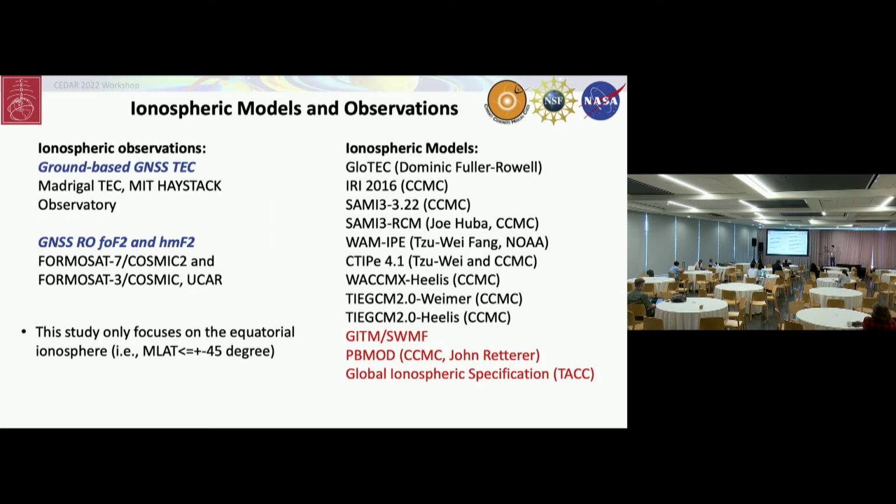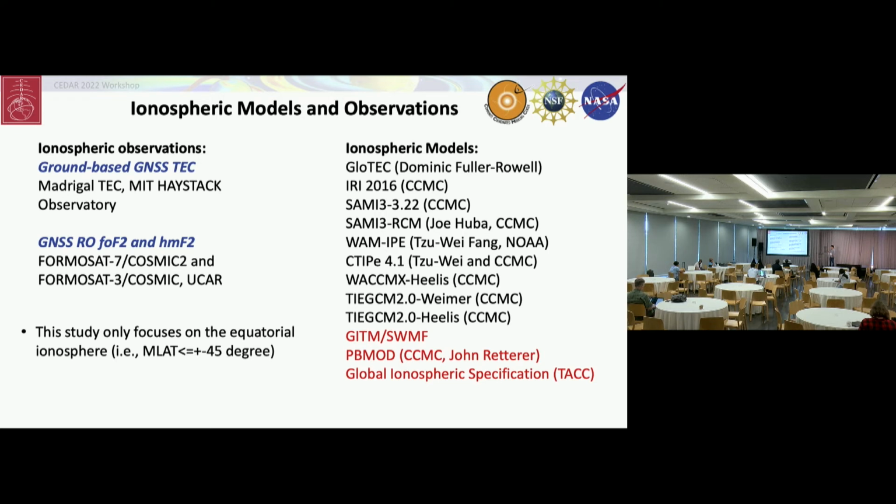First, I'll talk about the ionosphere models and observations we use to validate the CCMC models. First I use the ground-based GNSS TEC observations from Madrigal, MIT, which provide global coverage.